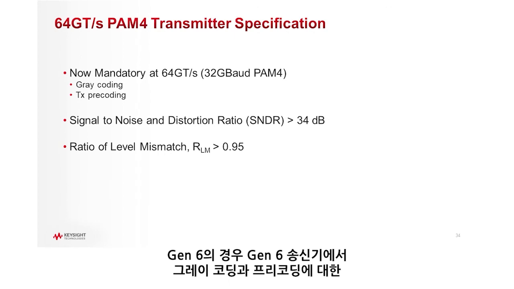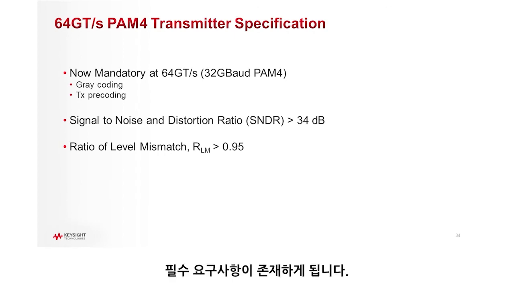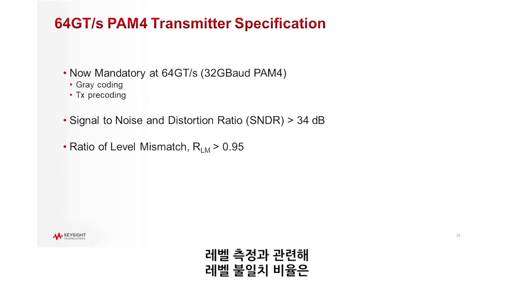So for Gen 6, there are now going to be mandatory requirements of gray coding and pre-coding in the Gen 6 transmitter, and we'll have a target for signal to noise and distortion ratio of greater than 34 dB and a ratio of level mismatch for level measurements of greater than 0.95.